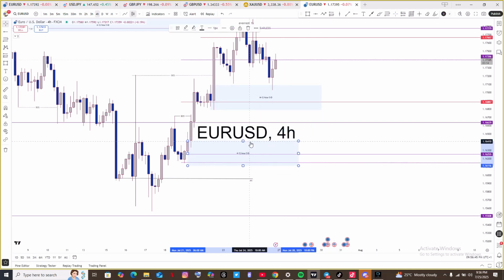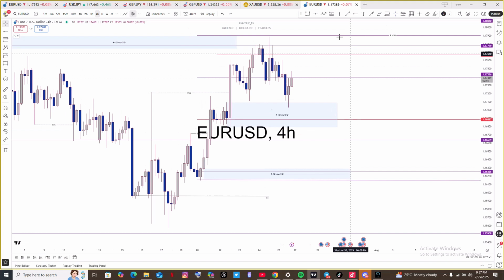So we have another demand here. I'm expecting price to come down to this demand, but hopefully I hope it's majorly on this place and this place. So next week I'm expecting sell to buy, but remember that the market can do its thing.